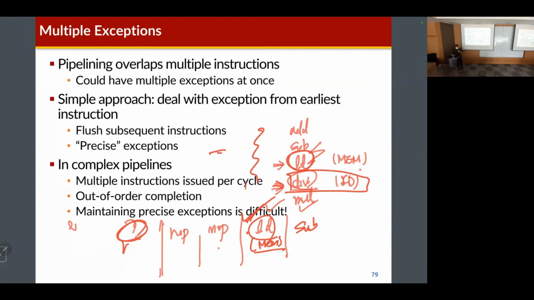So in this case, the exception of the load instruction should be handled first. Okay? Which means that, oh, the load instruction is here, the exception is detected, it is cancelled, and then the exception handler for this load instruction is newly fetched. So the fetched exception handler in the instruction fetch stage should also be flushed.